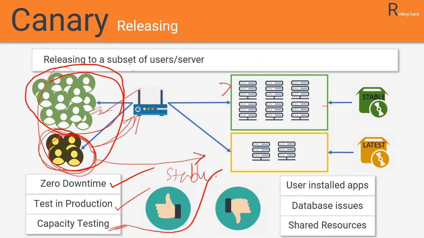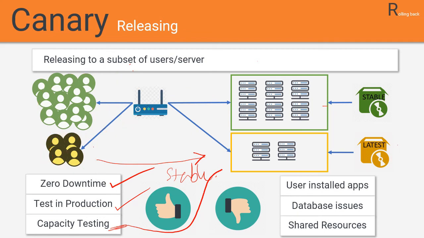This wouldn't be possible in case of blue-green deployment, because blue-green deployment requires two separate environments, because both of them will be used by everybody. I hope you remember that everybody uses the blue and also the green environment. When the blue is ready, everybody uses blue. When the blue fails, we move over to green.